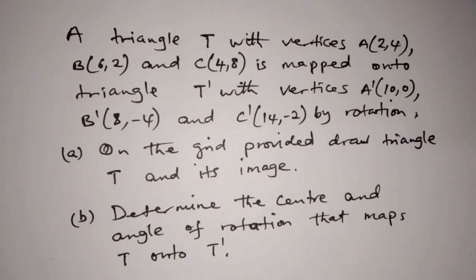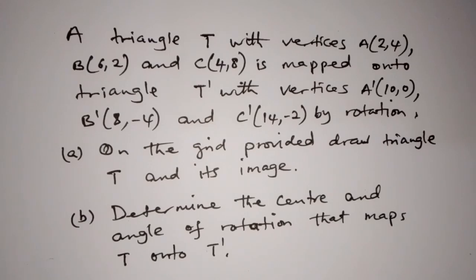A triangle T with vertices A (2, 4), B (6, 2) and C (4, 8) is mapped onto triangle T prime with vertices A prime (10, 0), B prime (8, -4), and C prime (14, -2) by rotation.